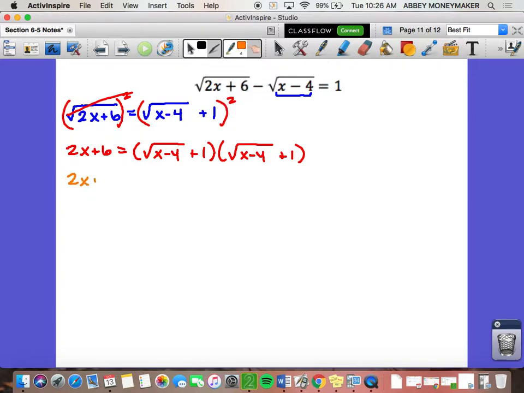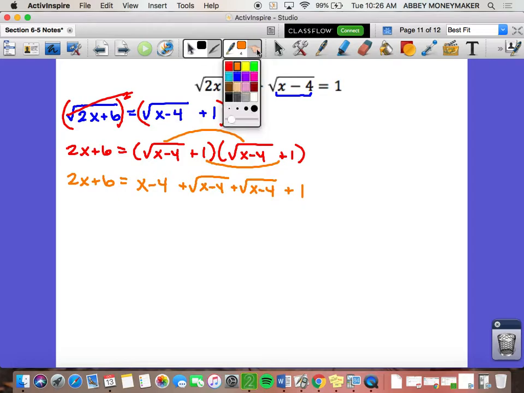So I have 2x plus 6 is equal to, those two multiplied together just give you x minus 4 because it's squaring a square root, plus the square root of x minus 4 plus another square root of x minus 4, and then 1 times 1 gives me 1.